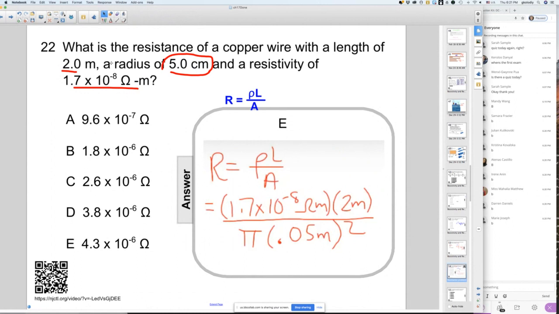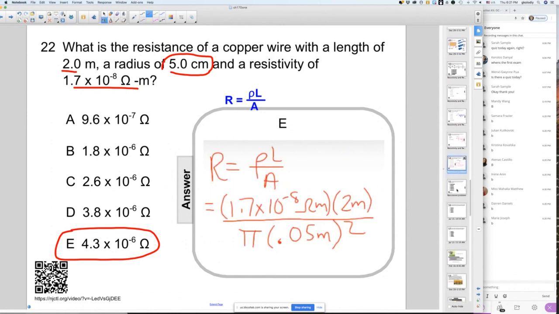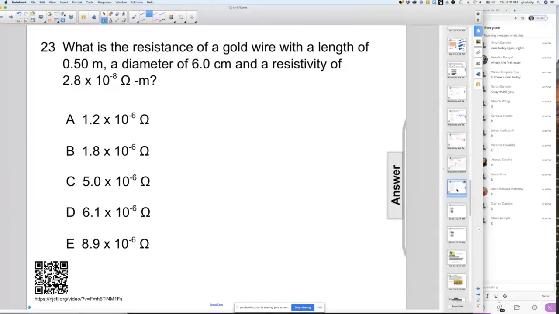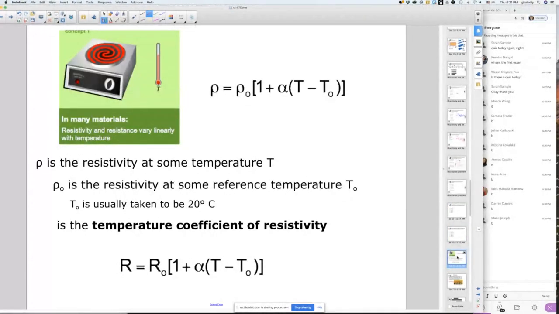And E would then turn out to be the right answer. So this is the same one. We're going to skip this with the same one as we had before. So let's go on to this one slide here.